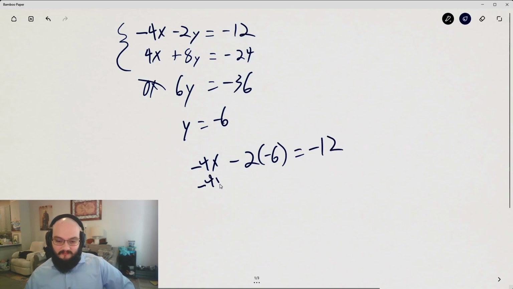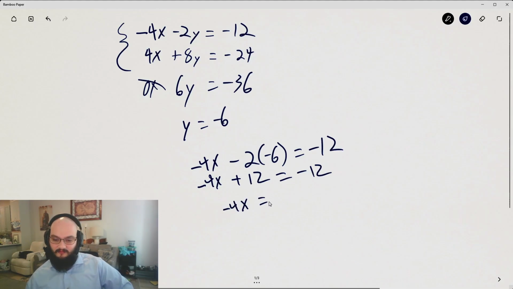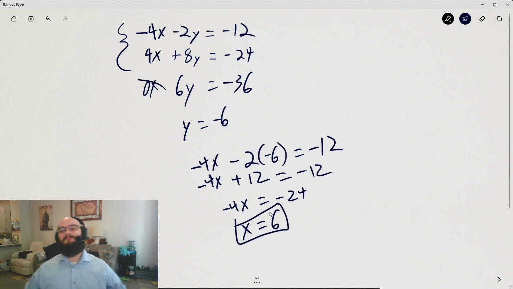This is going to be -4x plus 12, because a negative times a negative makes a positive, is equal to -12. Subtracting 12 from both sides, -4x is equal to, whoops, I've done that wrong. Subtracting 12 from both sides, -4x is equal to -24. Dividing both sides by -4, x is equal to +6. So this is our solution.